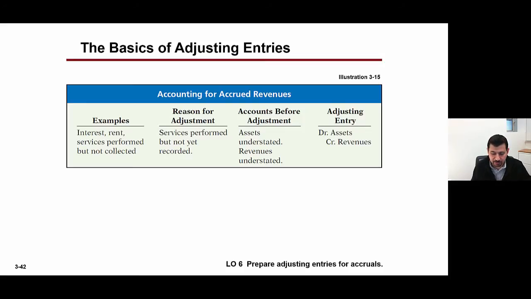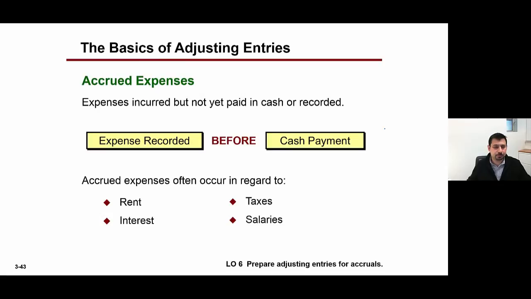To fix this, we increase assets and we increase revenues. This is why we debit assets to increase them, and we credit revenues to increase the revenues as well. So whenever we need to make an adjusting entry for accrued revenues, we debit the asset and we credit the revenue account.